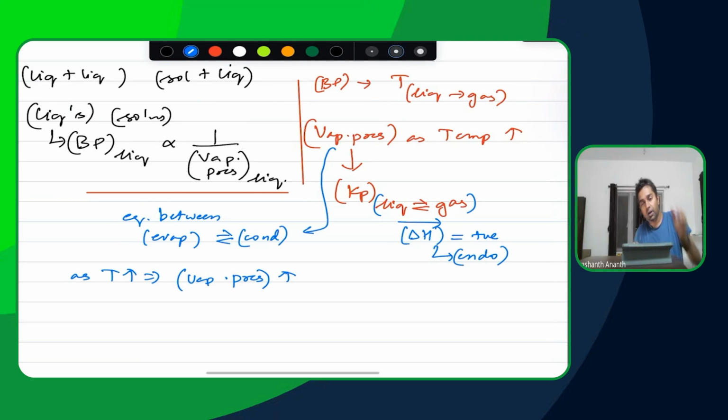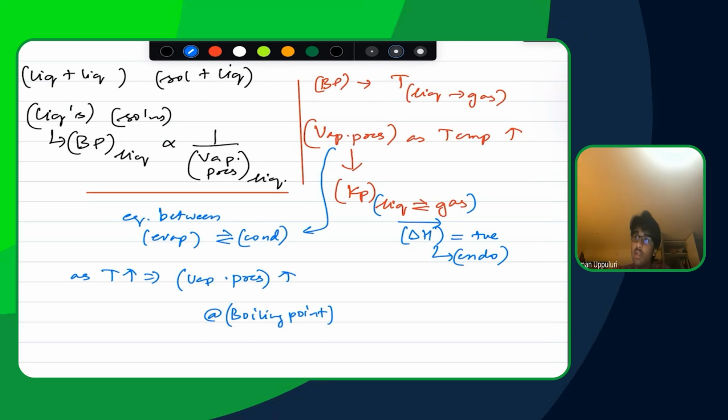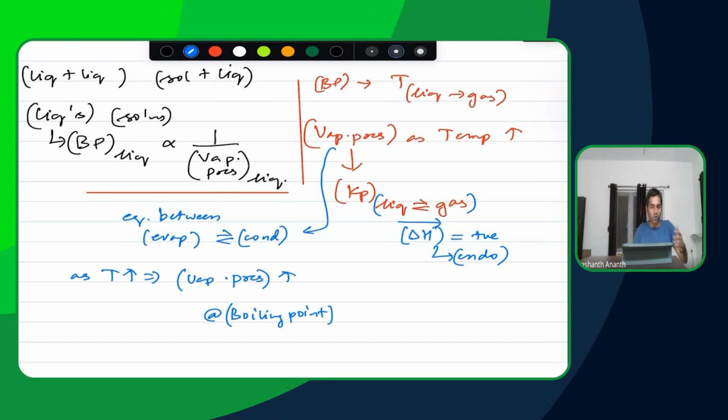Okay, what happens is this. At boiling point, think of boiling point as the temperature at which all of the liquid suddenly wants to go into vapor phase. You're going to be having all of the liquid suddenly achieving an equilibrium with the vapor.